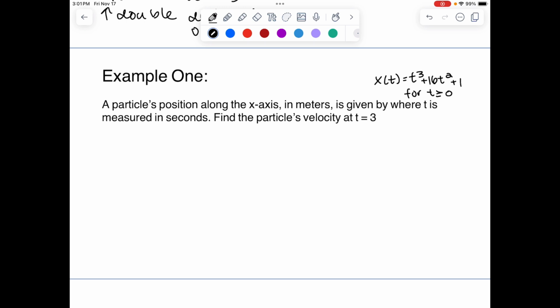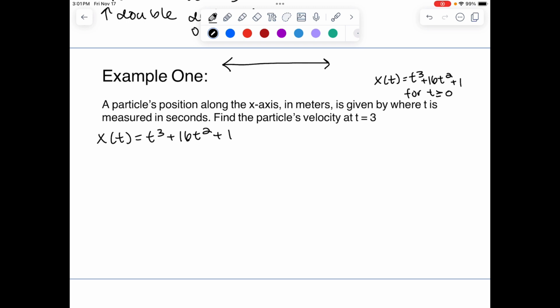What I want you to picture here is there is an x-axis right here, and you have this particle, and it's just moving back and forth on the x-axis. That's what straight-line motion means. And so we have this formula right here that represents the position, t cubed plus 16 squared plus 1, and we want to find the particle's velocity.